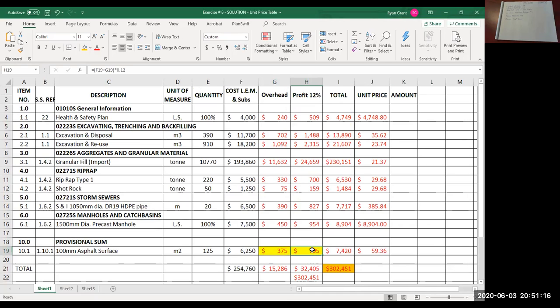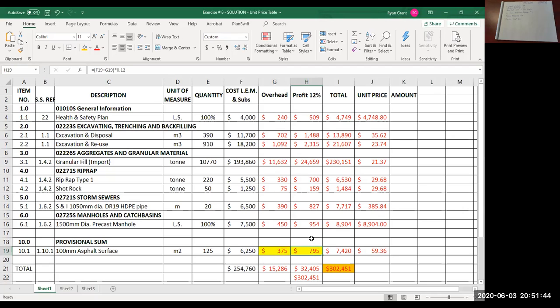So I don't do this for sure. And this one you may or may not do. You may or may not put the 12% profit on it. Because if you don't put your overheads there and you spread them elsewhere up here, you'll still get paid your $375 based on doing all this other work, because that $375 will be buried in these other items.